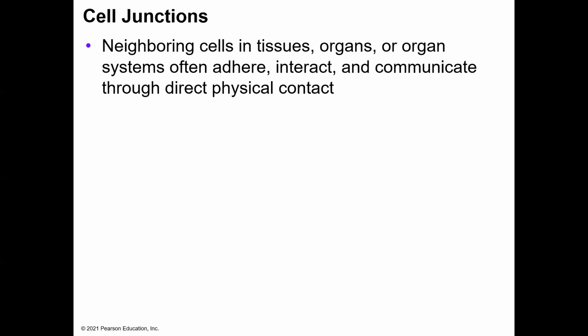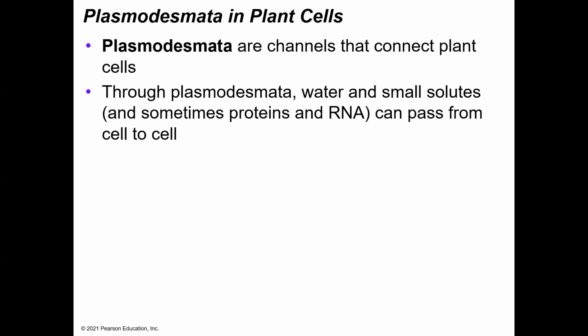But being able to form a junction with your neighbor is important in developing, for example, tissues and organs. Being adhered and being able to communicate with your direct neighbor through physical contact is very important.